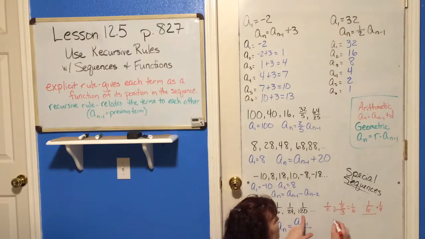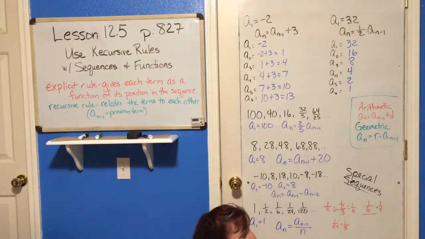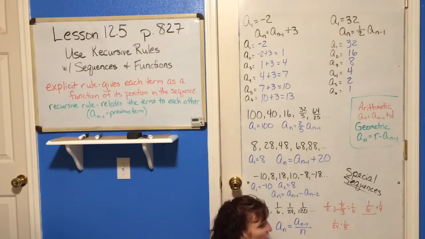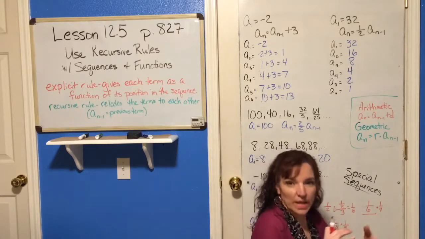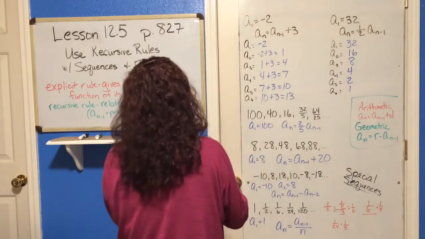The fifth term is going to be 1/24 divided by 5, because it's the fifth term, or times 1/5, which is 1/120. All right. So some of them are going to take some creativity and thinking. How is one related to the next one? Okay. All right, here we go.